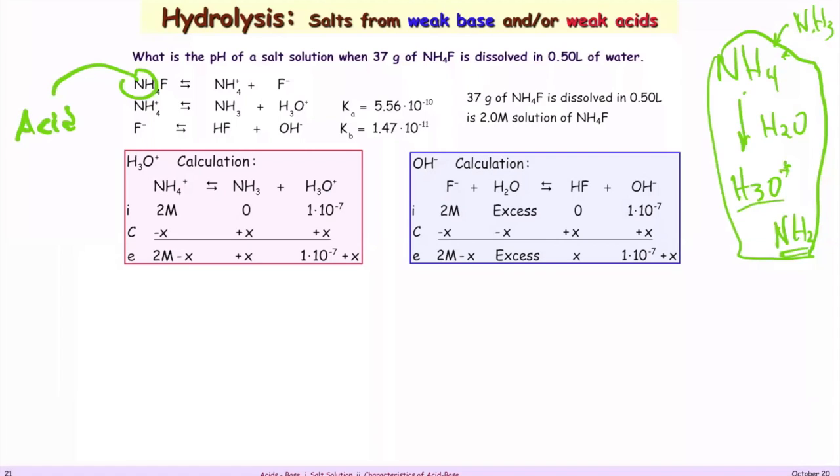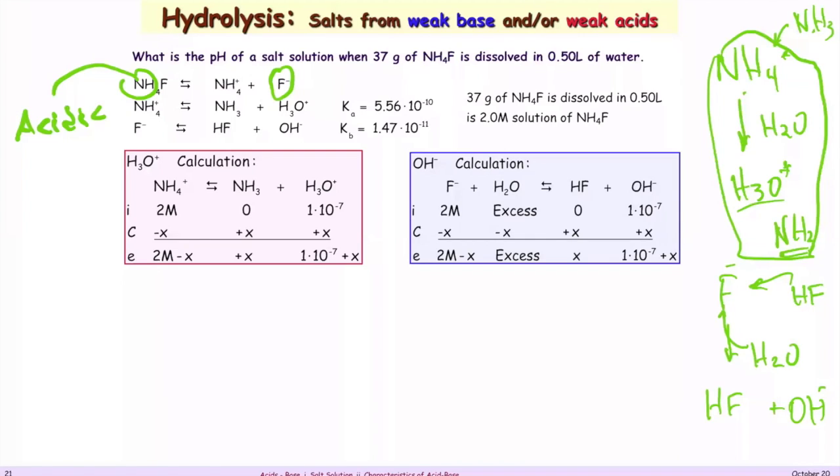The fluoride, however, is the conjugate base of HF, which is a weak acid. So fluoride in water will remove the hydrogen from water. You get HF back, and you get hydroxide. So the fluoride in this particular salt will make the solution basic. So the question is, which one is stronger?